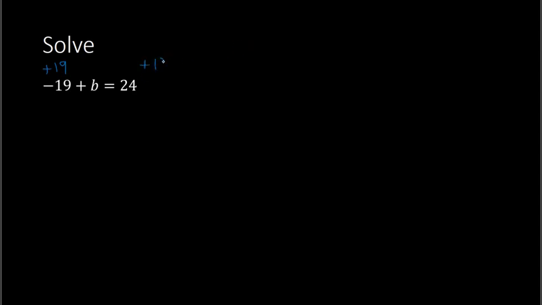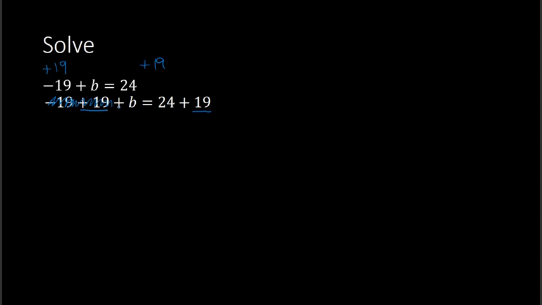So when I do that, I have negative 19 plus 19 on this left side, and then 24 plus 19 on the right side. And notice when I add 19 with negative 19, that's going to cancel out. So that's why I chose the plus 19, because that cancels, leaving me with 0.